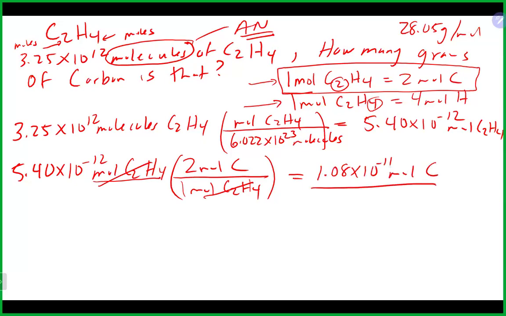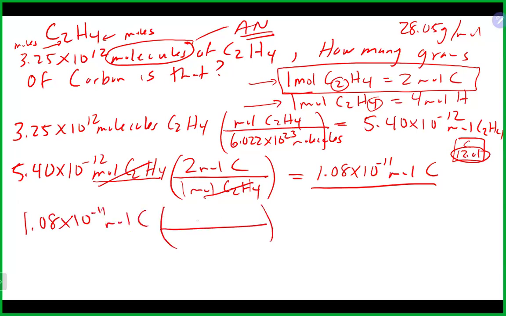Any question on that there? Is that my answer? That's moles of carbon, but I actually want grams of carbon, right? So what do I need to go from moles to grams? I need the molar mass of carbon. And that again is our 12.01 that we get from the periodic table. So to finish this out, 1.08 times 10 to the minus 11 moles of carbon.